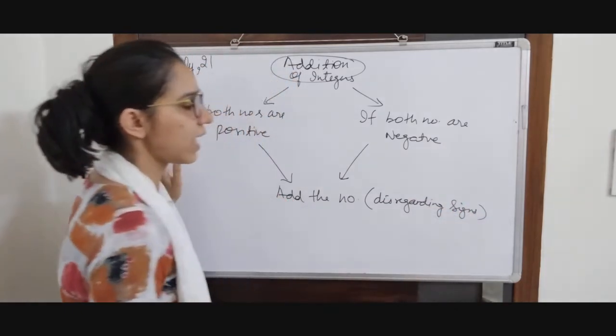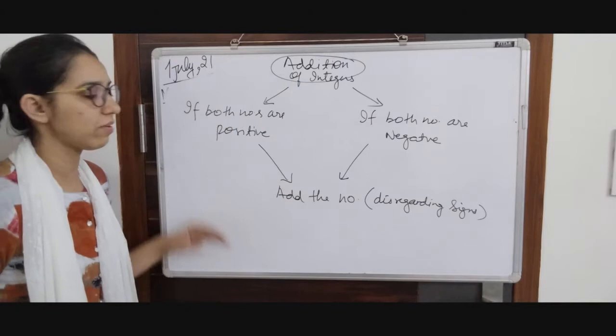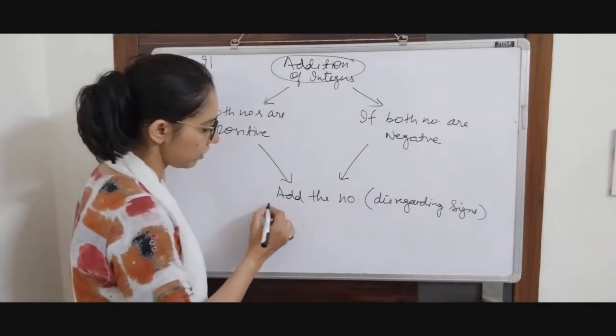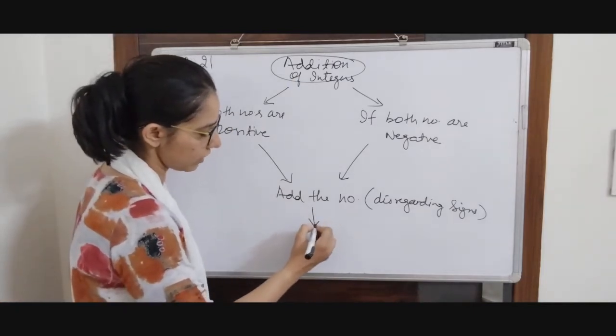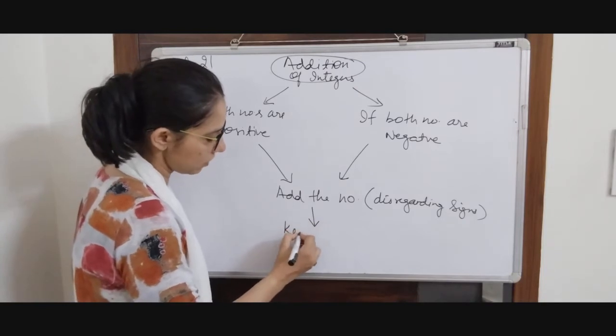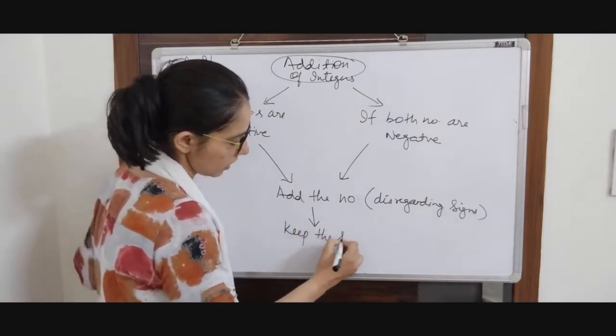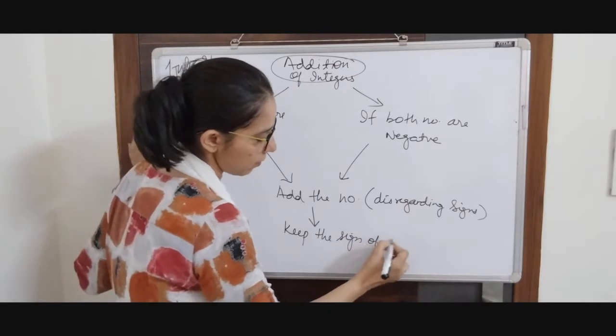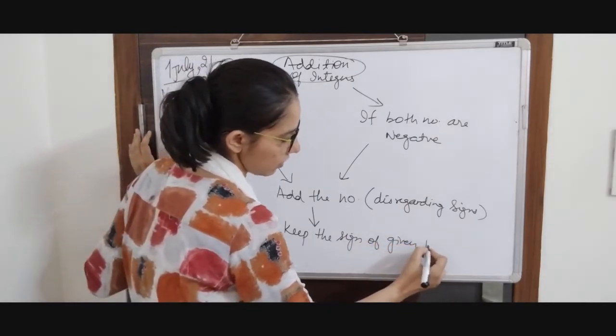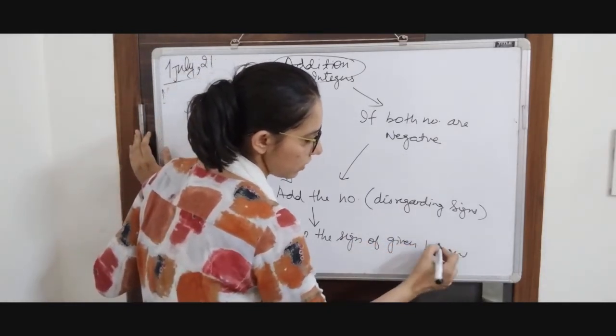Whatever sign they are having, we will disregard them and we will add them, and then after that we will keep the sign of given numbers, given integers.